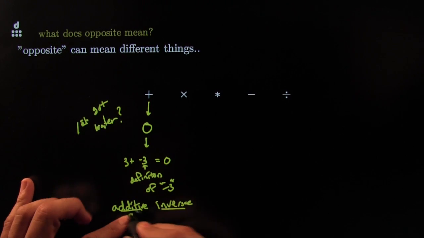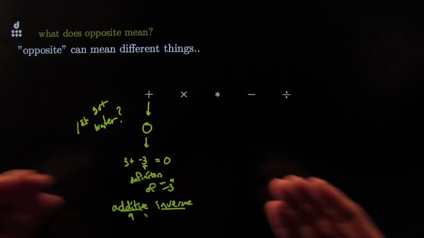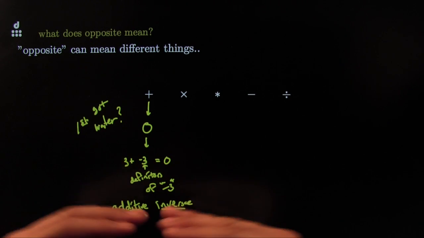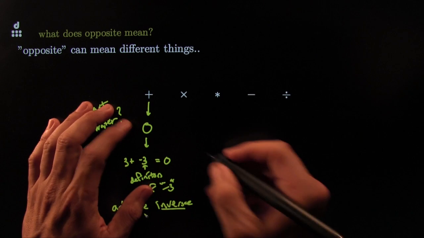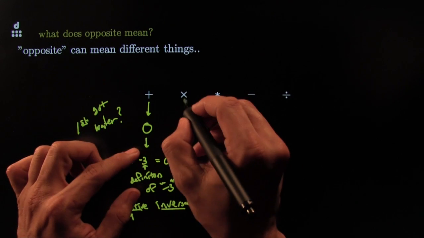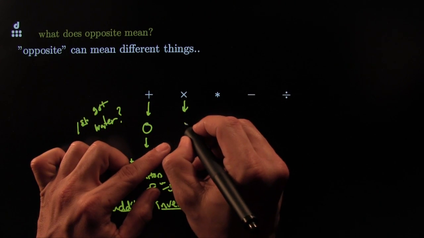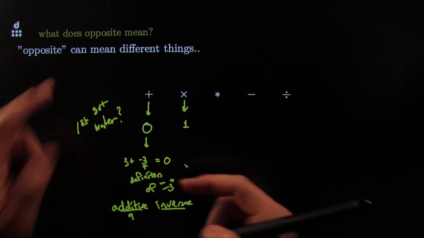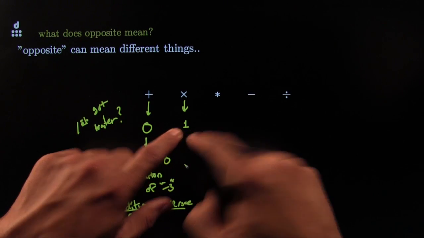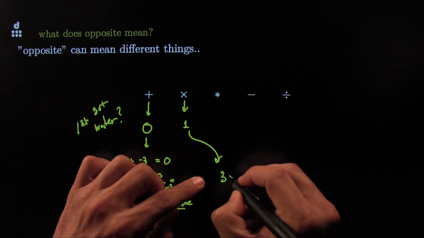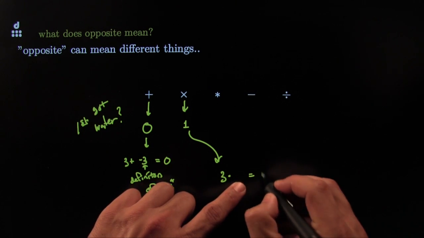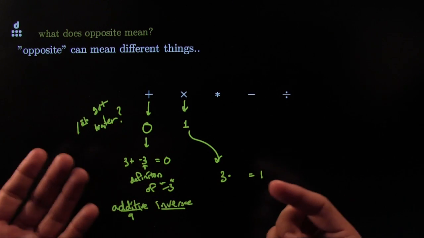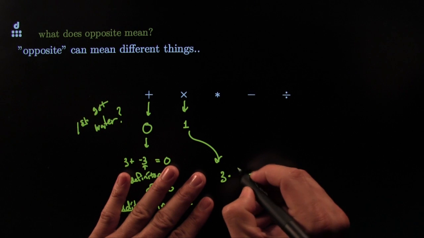You say, what kind of inverse are you talking about? Oh, additive. Oh, okay, that means that it gives you additive water when you put them together. They kill each other. So here, again, for multiplication, the first step is what's the water element? It's 1. Therefore, what are inverses? Well, they have to be things that give you 1. So, for example, 3 times what gives you 1? Well, a long time ago, there was no number that did that, so we invented these numbers.